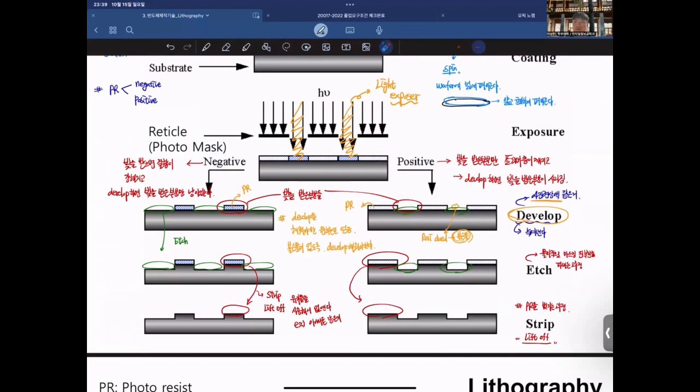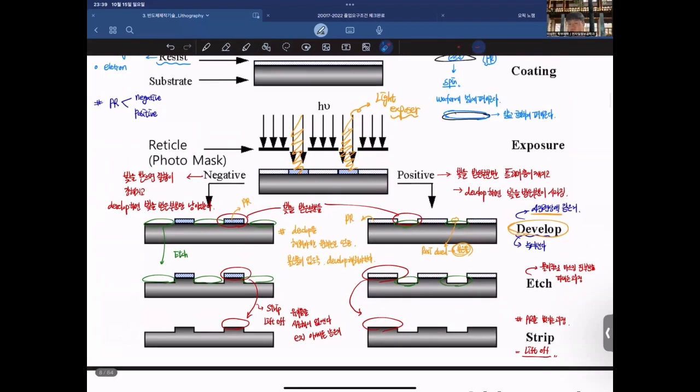For positive, we make a PR layer and expose the light through the mask.